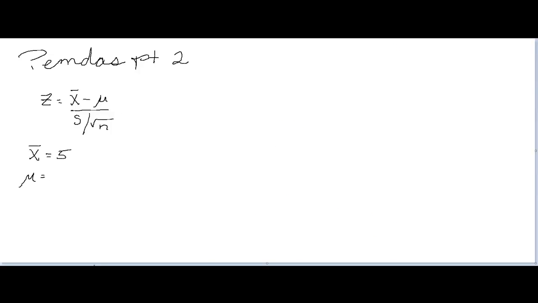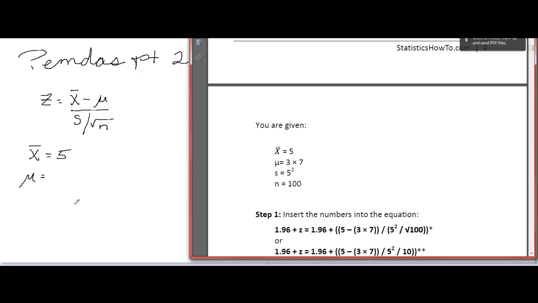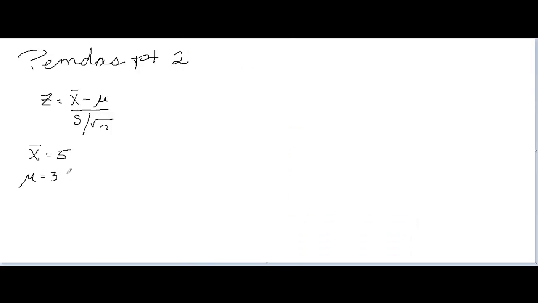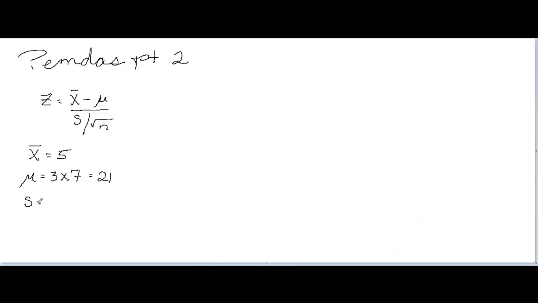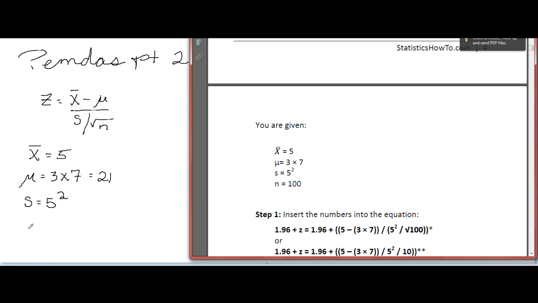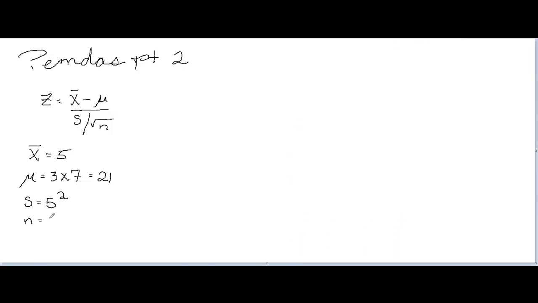Mu is equal to 3 times 7, which is 21. I don't know why they're doing 3 times 7. S is equal to 5 squared. And n is equal to 100. We know 5 squared is 25.